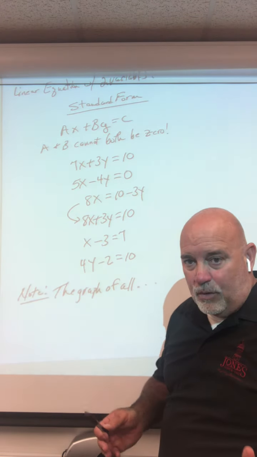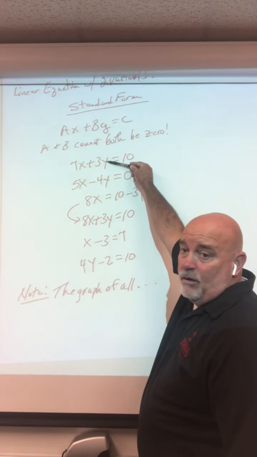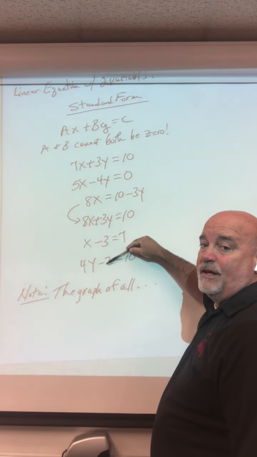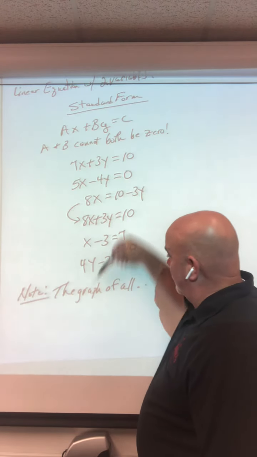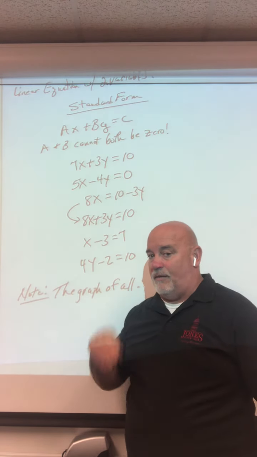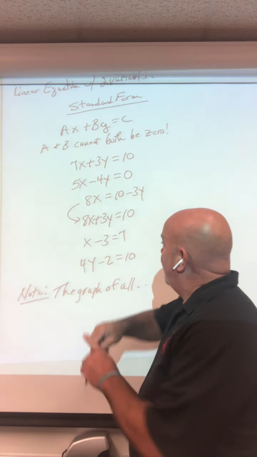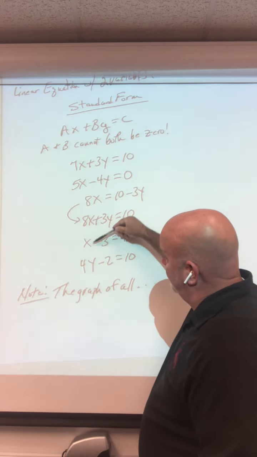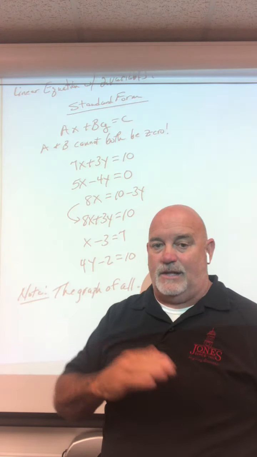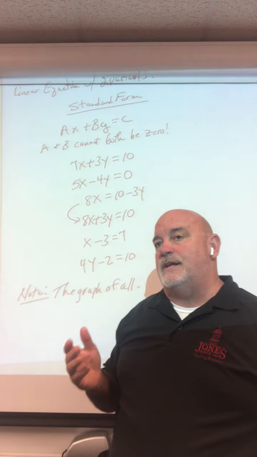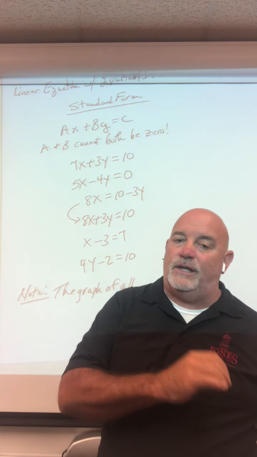So, let me say one more time, as if I haven't said it enough already. Of all of these you're looking at, how many of these are linear equations? Every one of them. What makes all of these linear equations? You have an x or a y or both, and they're to the first power. So if I graph this one, this one, this one, this one, and this one, what would the graphs look like? Straight lines.